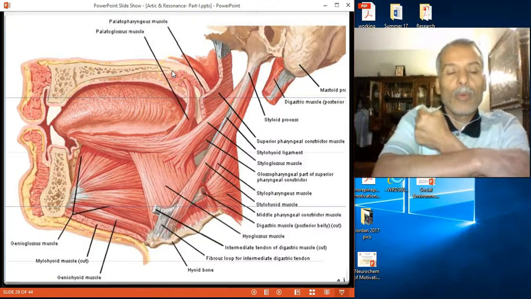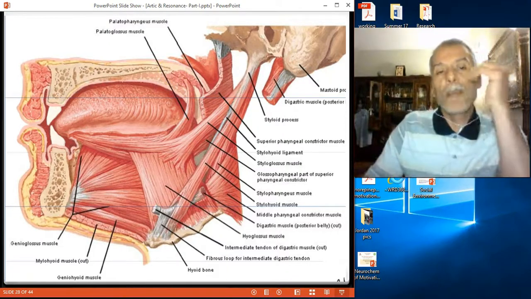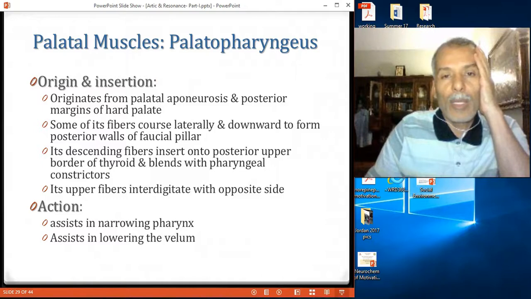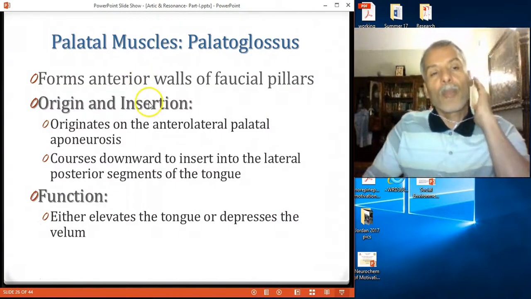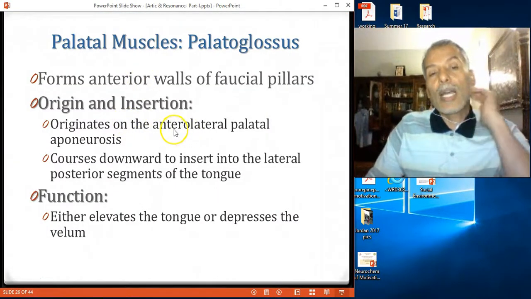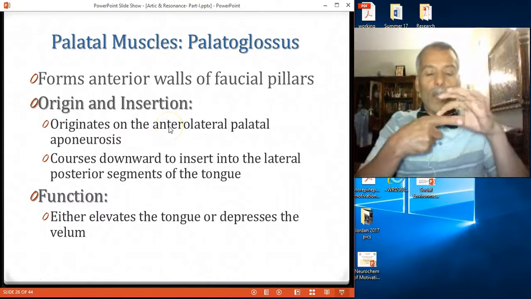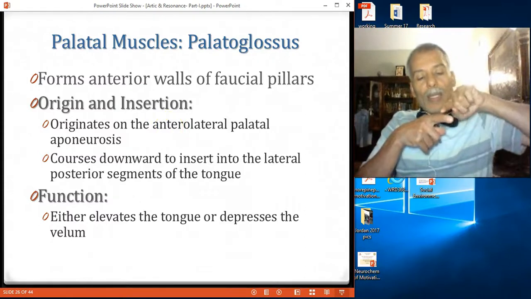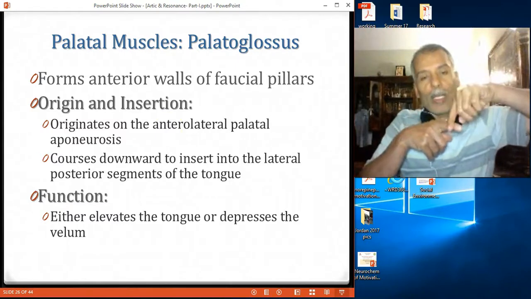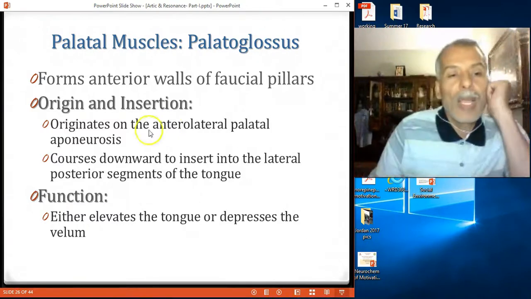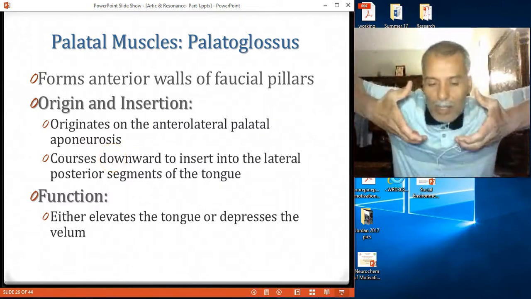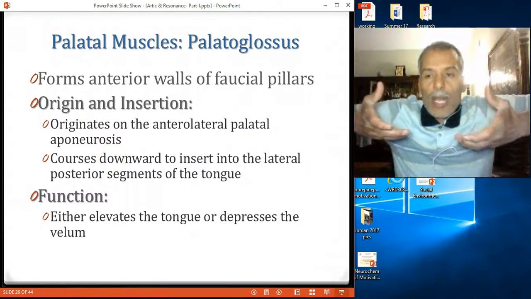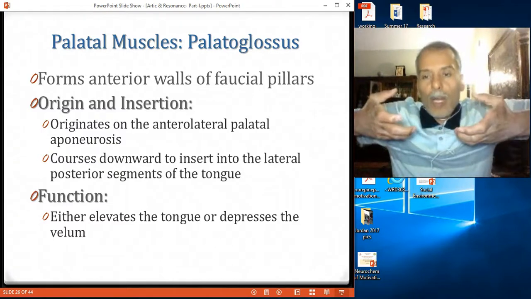So again, it originates on the anterolateral part. You have the palatal aponeurosis, the anterior part of it and lateral to the side. And then the muscle goes down like this and inserts onto the lateral posterior segments of the tongue.